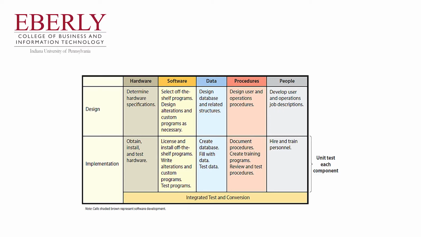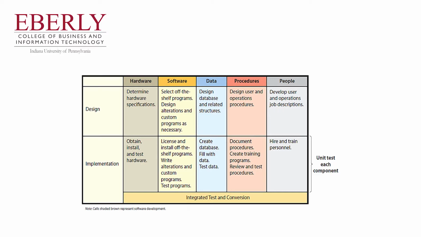Procedure design differs depending on whether the project is part of a BPM process or part of a system development process. If the former, then business processes will already be designed, and all that is needed is to create procedures for using the application.